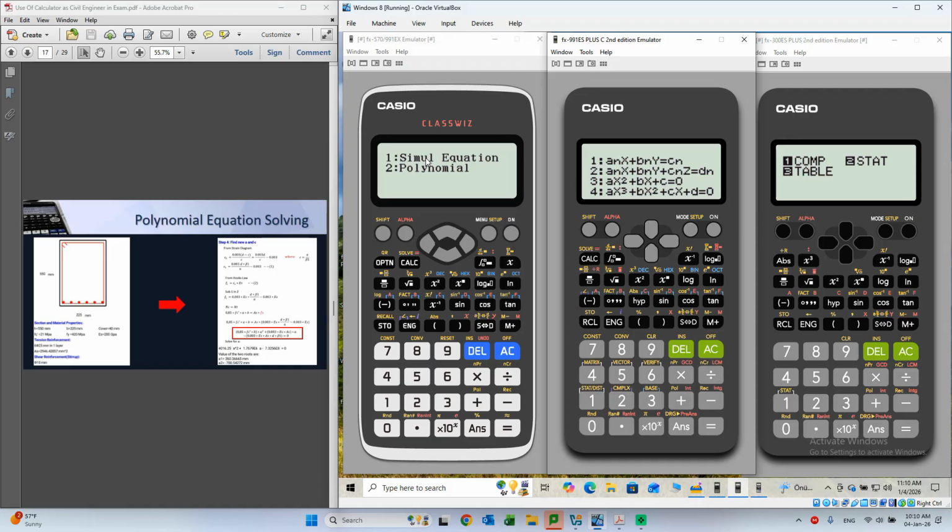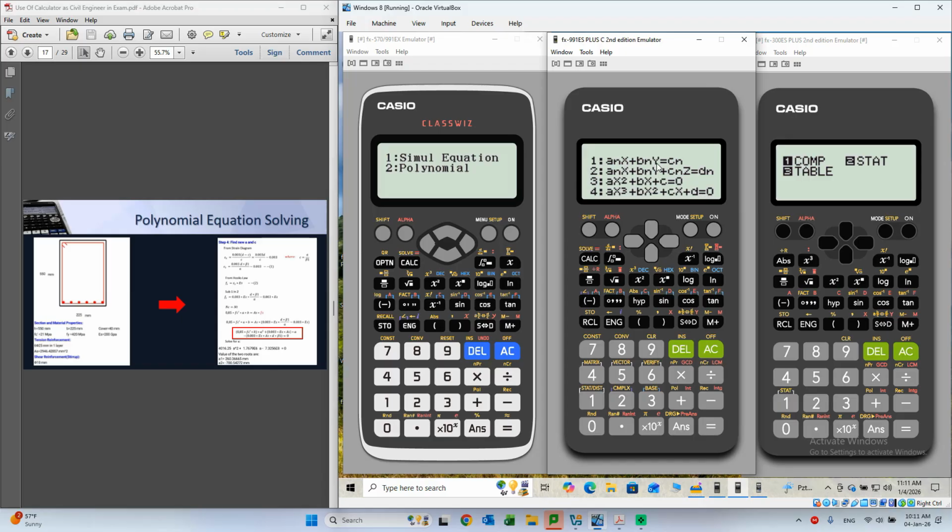Here it says simultaneous equation, which means the linear equations, and polynomial. Here you see 1, 2, those are what? 2 unknowns, 3 unknowns, x, y, z, or second degree ax squared plus bx plus c, or ax cubed plus bx squared plus cx plus d equal to 0. I need you to pay attention to the way the equations look here.